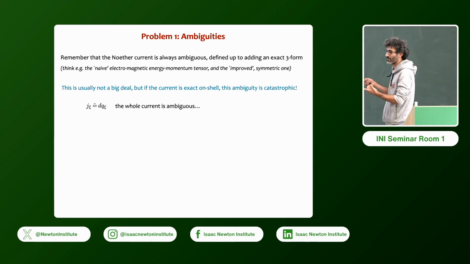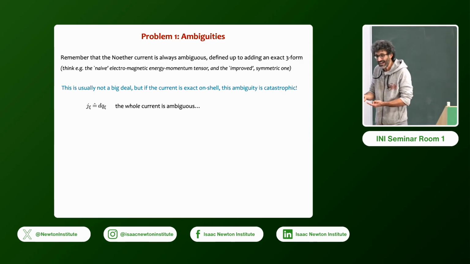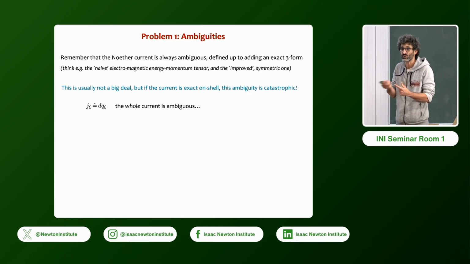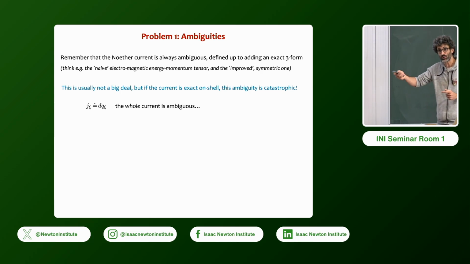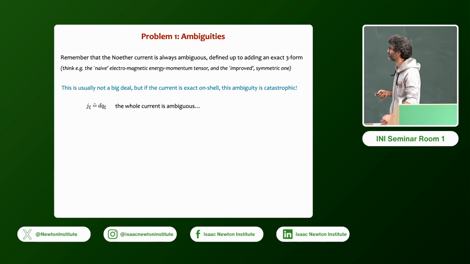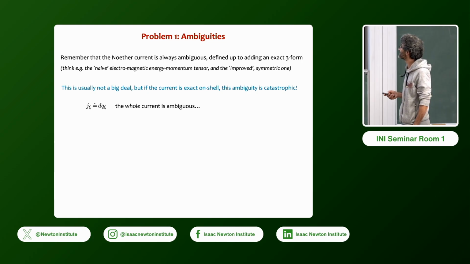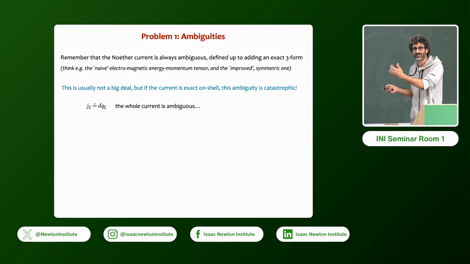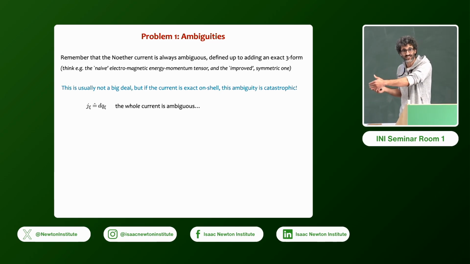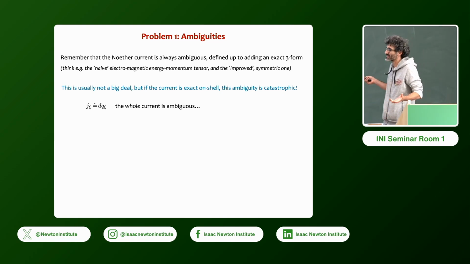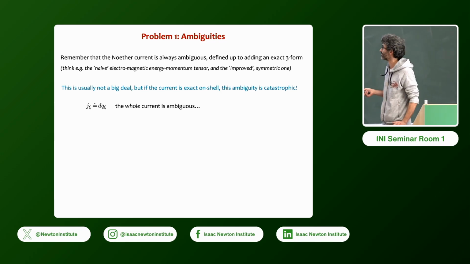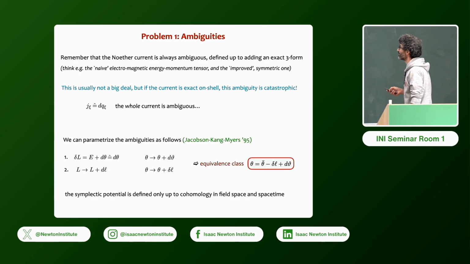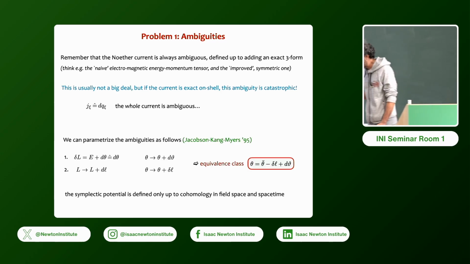For instance, in electromagnetism, you would naively get an electromagnetic stress energy tensor, energy momentum tensor, which is not symmetric, but you can improve it to the symmetric one precisely playing with these ambiguities. This is usually not a big deal, this ambiguity, but in this case, in which the whole content of the current is an exact term, then this ambiguity becomes catastrophic because everything is ambiguous. So that is the first problem.